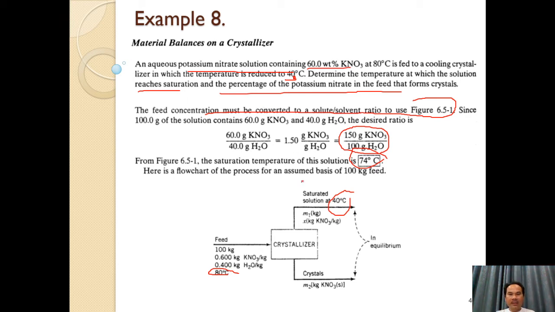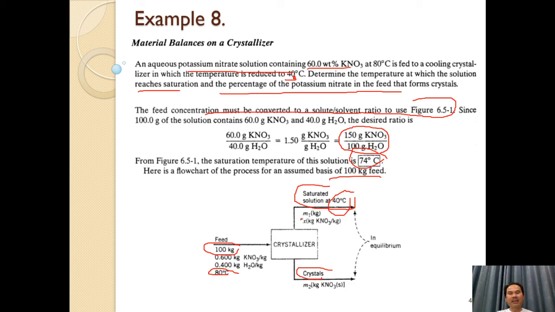For this case, the basis we use is 100 kilograms of feed because we know the feed concentration: 60% potassium nitrate, 40% water. And then after the crystallizer, we have two outputs: the saturated solution at 40 degrees Celsius and also crystal.